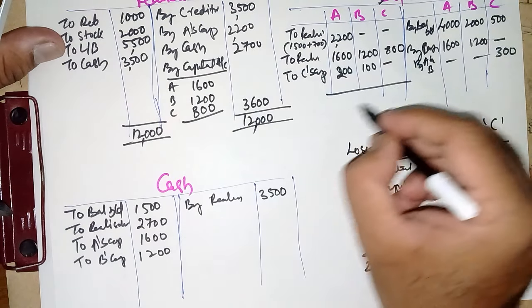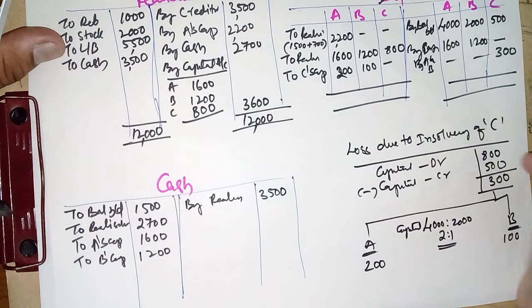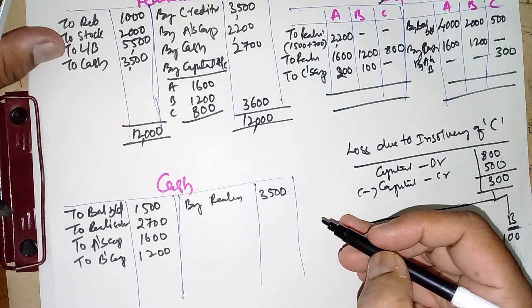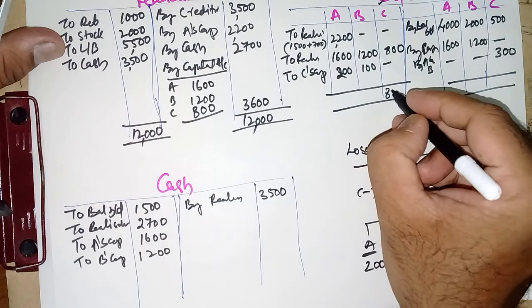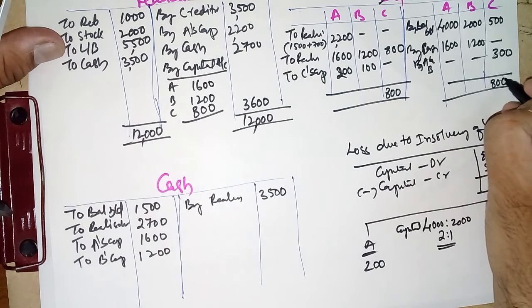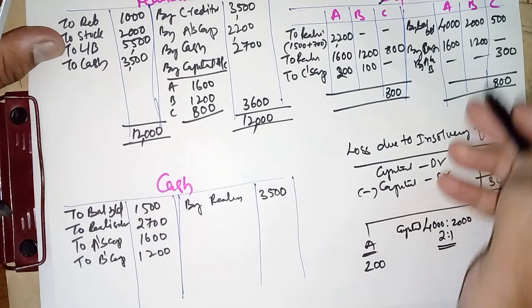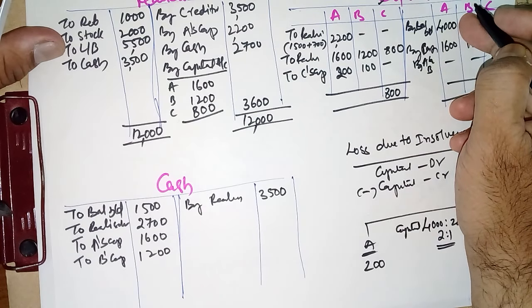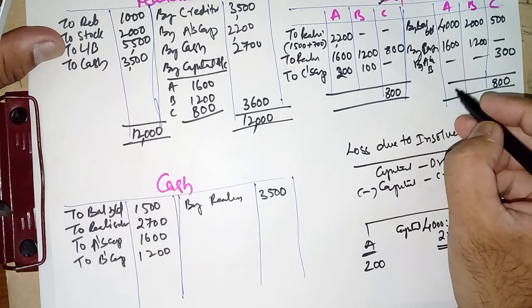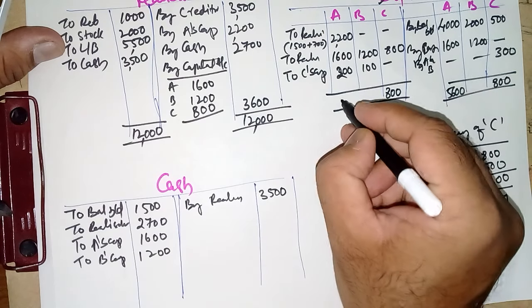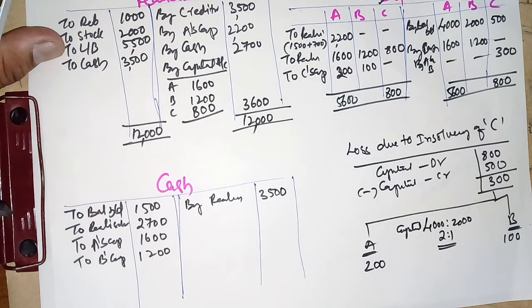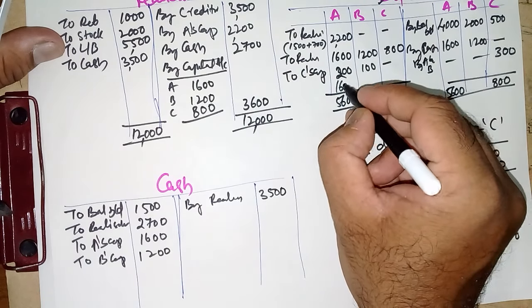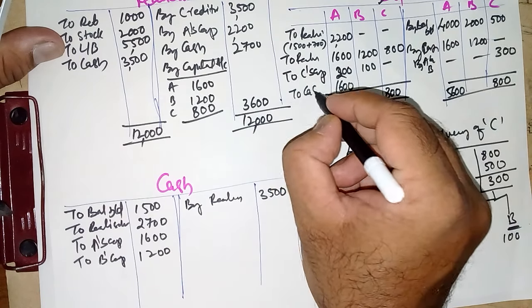Once this is done, close the capital accounts. As I told you in the earlier problem, the insolvent partner's capital account will always tally, because we calculated the loss and made the adjustment. So 4 plus 1, 5,600. So 5,600 minus 2,200, 1,600, then 200. We get the balancing figure of 1,600, so we need to write to cash.